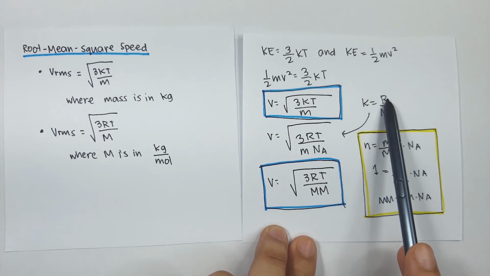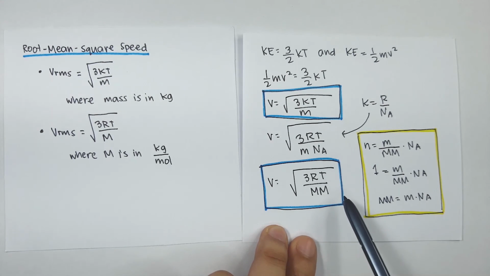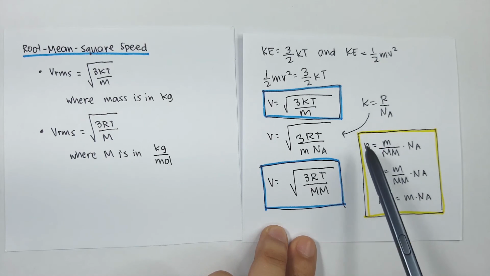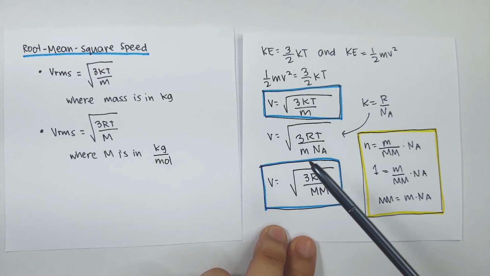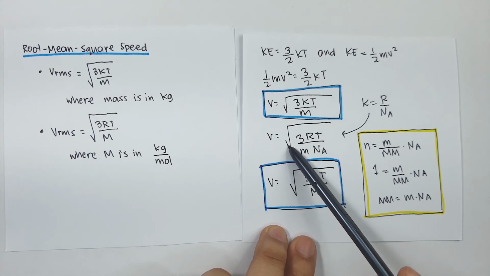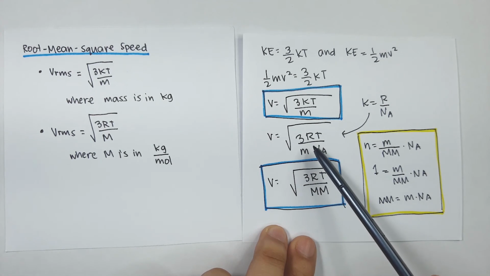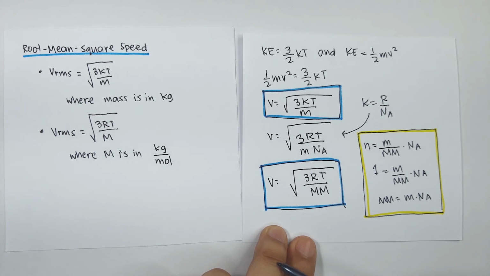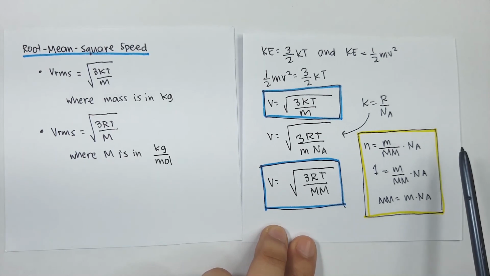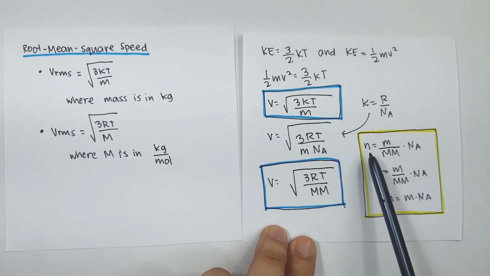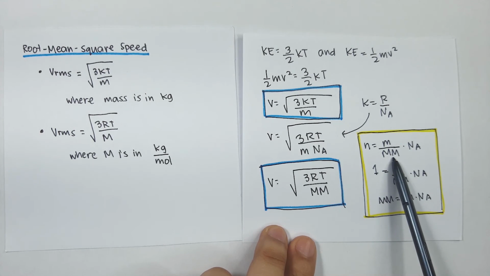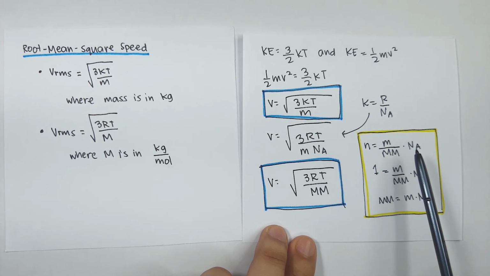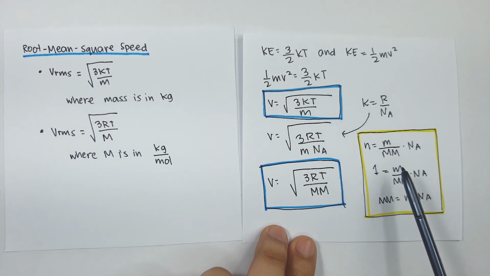Now, derive. K is equal to R over NA. Boltzmann constant is equal to gas constant divided by the Avogadro's number. So we have V is equal to square root of 3RT over M times the Avogadro's number. And remember sa mole concept na discussion that number of moles is equal to mass over molar mass. And if you want to get the number of molecules, just multiply it by the Avogadro's number.